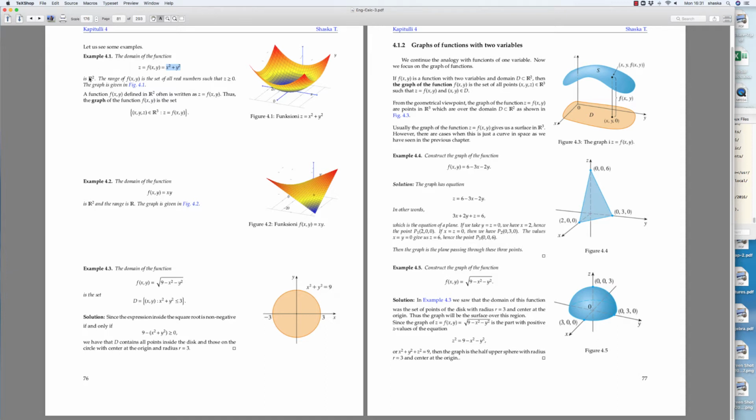So the domain will be all of R squared. The range, on the other side, is only non-negative values for z, because the right hand side can never be negative. So the range is zero or positive numbers.